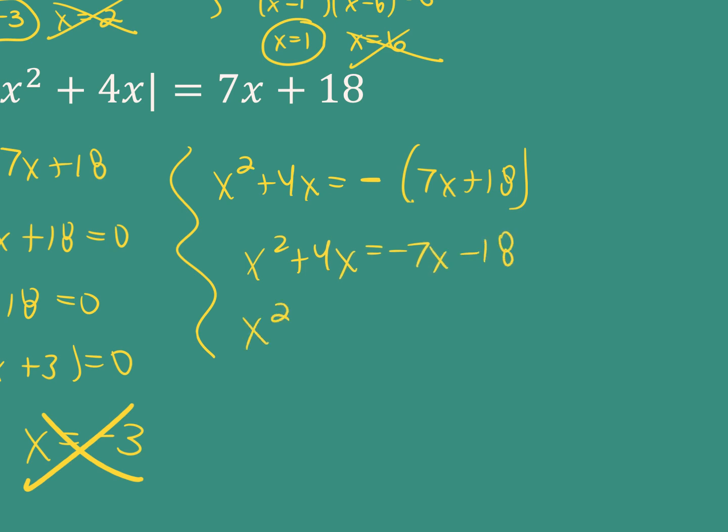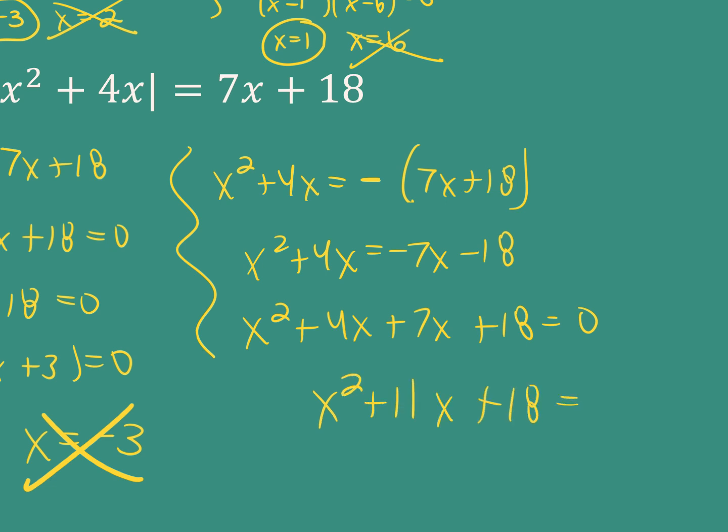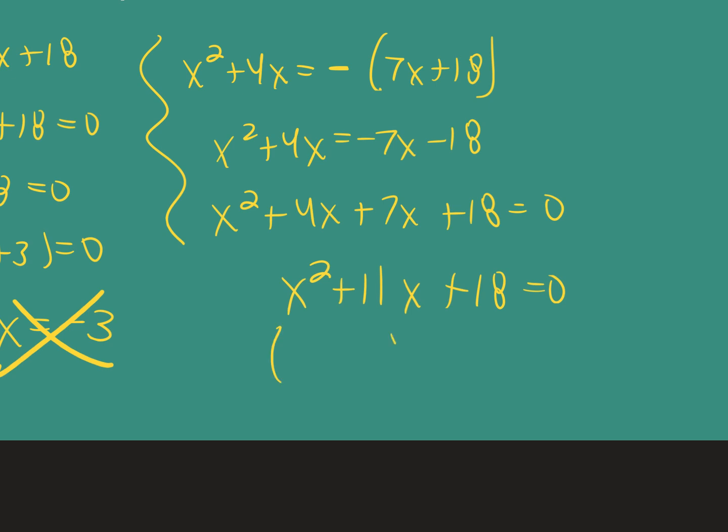When I bring 7x over, what does it become? So plus 7x. And then when I bring negative 18 over, what does it become? Positive. Okay, good. So x squared plus 11x plus 18 equals 0. What does this factor out to be? Plus 2 plus 9. So x equals negative 2 and x equals negative 9.